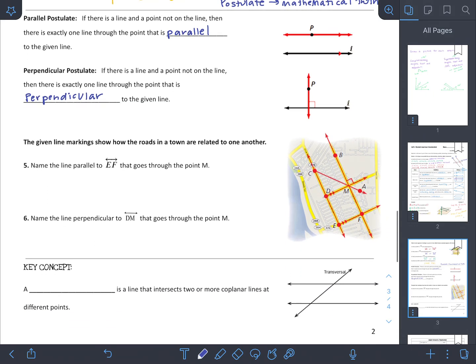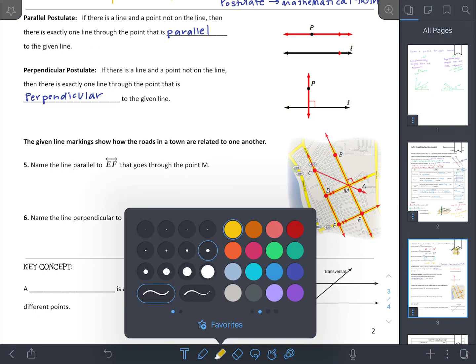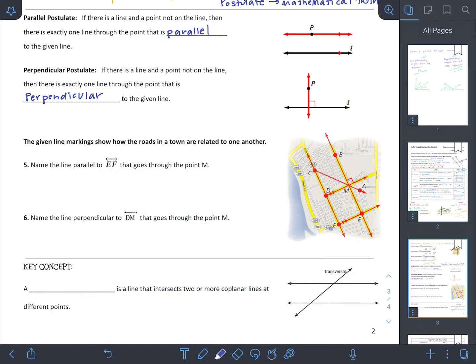And so we can use what we've been practicing vocab-wise with those new postulates to help us on this next problem. It says, the given line markings show how the roads in a town are related to one another. It says, name the line parallel to EF that goes through point M. So I need a line parallel to EF, so let's get that on my graph. Here's EF.